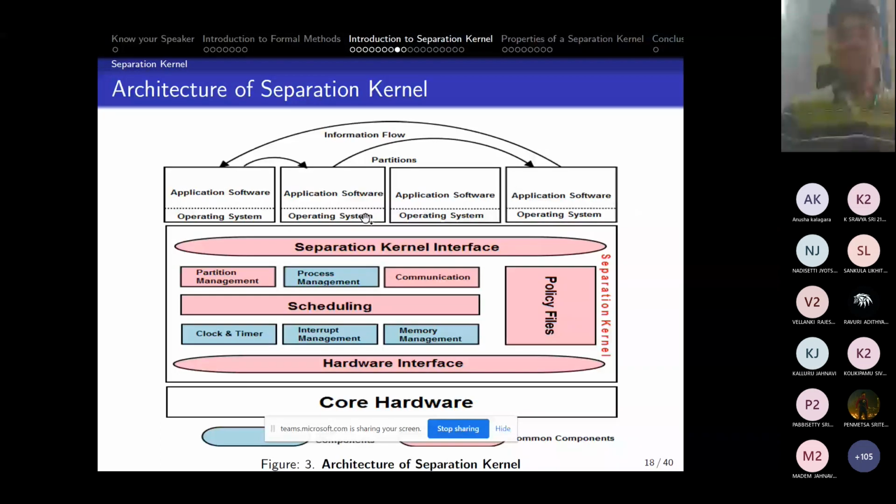You can see here that it's also known as a hypervisor. Directly on the core of the hardware, that is the CPU, your separation kernel can be mounted, and it has all the functionality an operating system has. Then in the above layer, you can see there are many applications.